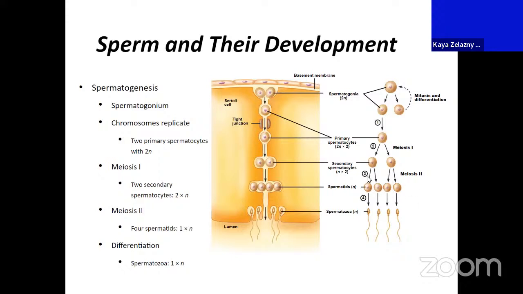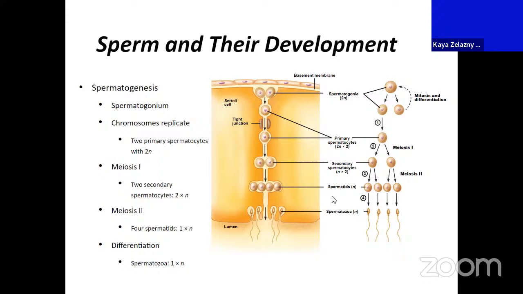And now we have 4 cells because each of those secondary spermatocytes split in half. Okay, so those are our spermatids at the end of meiosis 2. So at this point, we've parceled out all of our genetic information with the spermatids, but we're not totally done. We still have to have some changes to the structure of those cells.